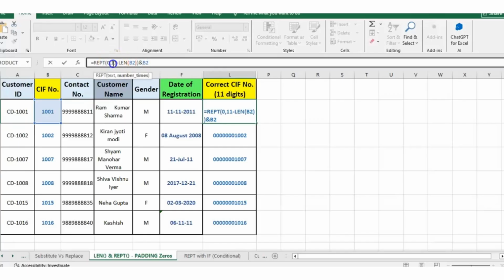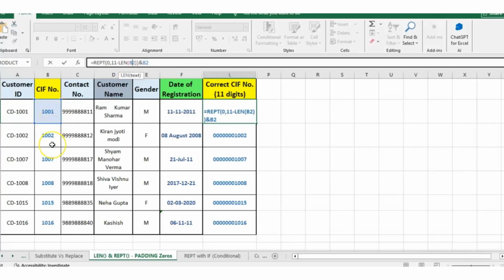The remaining would be the number of times repeat function will repeat 0, and we are using the length function to calculate the length of the existing CIF number.